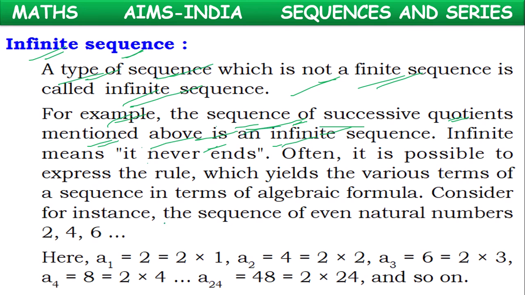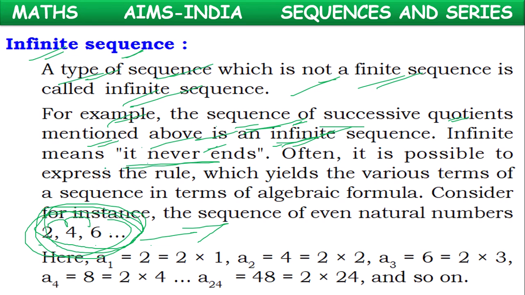So the sequence, suppose if you take this sequence 2, 4, 6. This is an infinite sequence because in this group of numbers we have 2, 4, 6 and so on. Here we have some dots, meaning the relation between the numbers continues forever. It never ends.